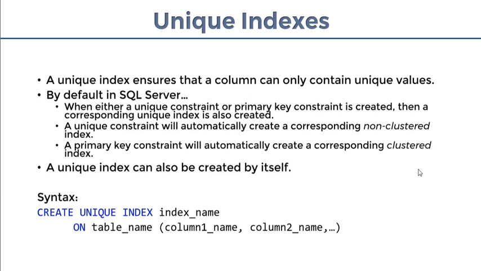A common question people have is, does it matter whether I use a unique constraint or just a unique index by itself? The answer is that it is fine to use either approach, but if the main purpose of the unique column is that it is a column to be searched on in queries and could benefit from performance, then I would recommend adding a unique index to it, right?